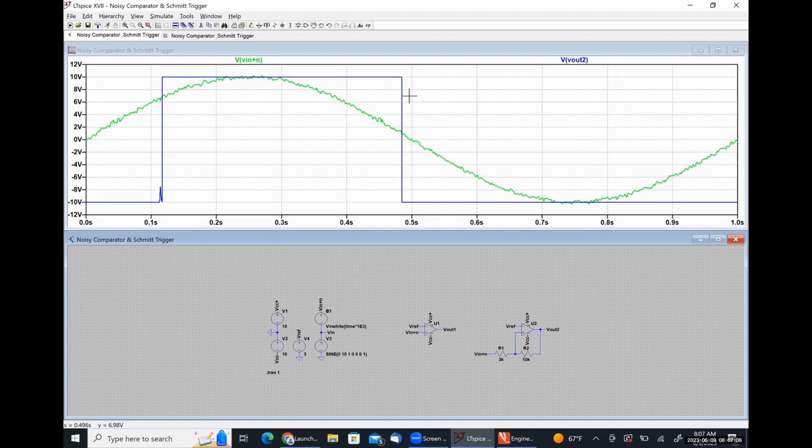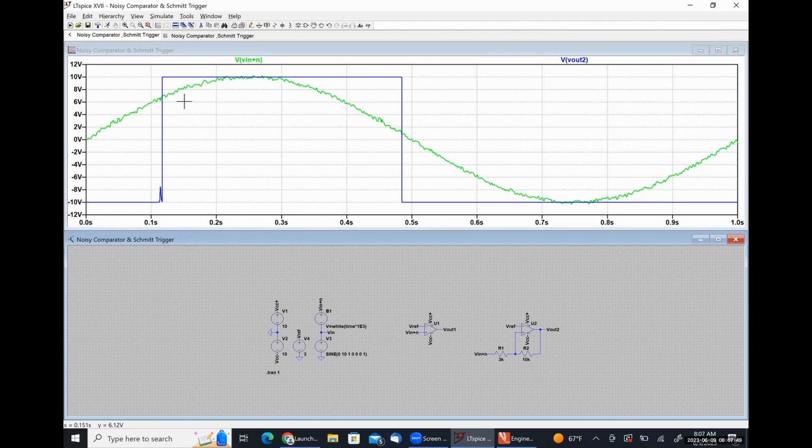Now, one thing to note here is that our input signal transitions from low to high somewhere in the ballpark of 7 volts, and it transitions from high to low somewhere in the ballpark of 1.4 volts. So even though our reference voltage is still 3, because we're just using this signal as our reference voltage applied here, we now effectively have comparison to 2 different voltages.